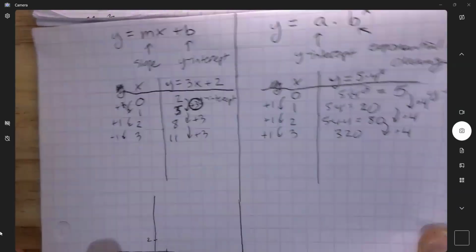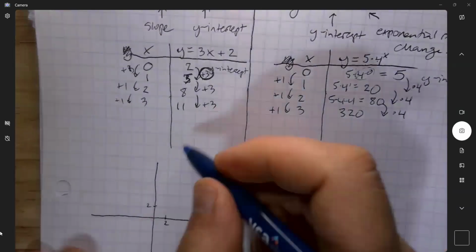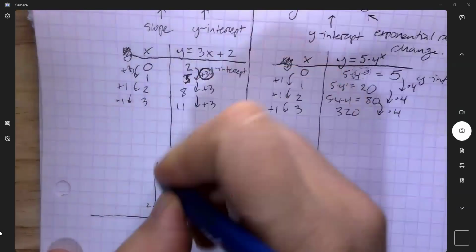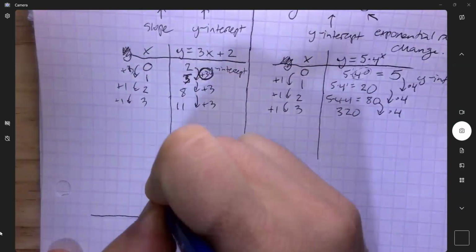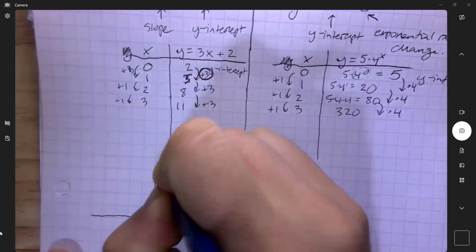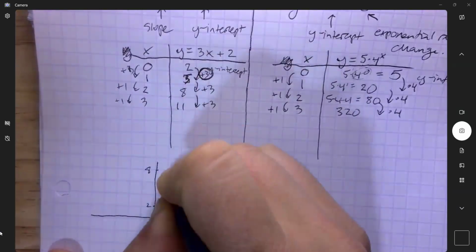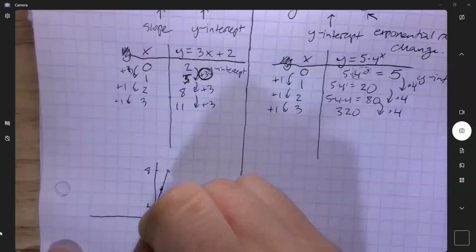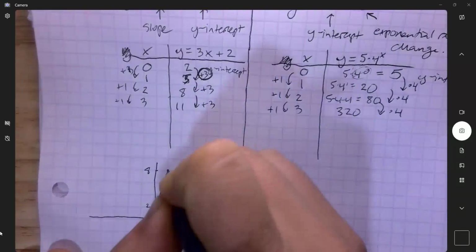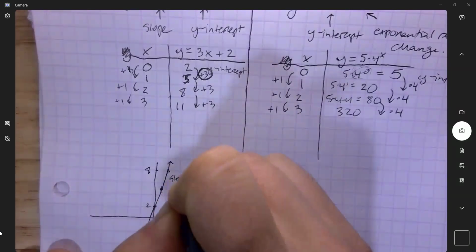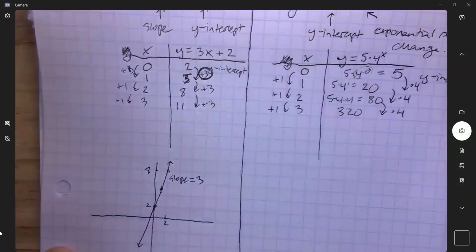All right, so now one grid is 2 units, not just one. So when x is 0, y is 2. When x is 1, y is 5. When x is 2, y is 8. And I get a straight line. The slope is 3.